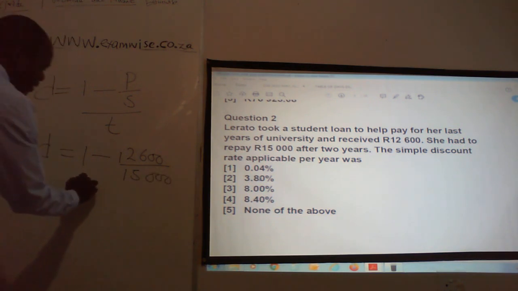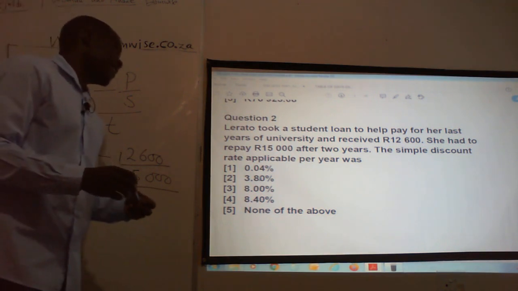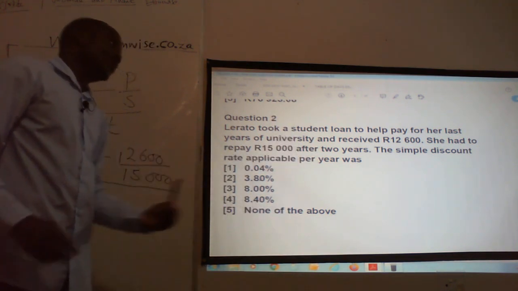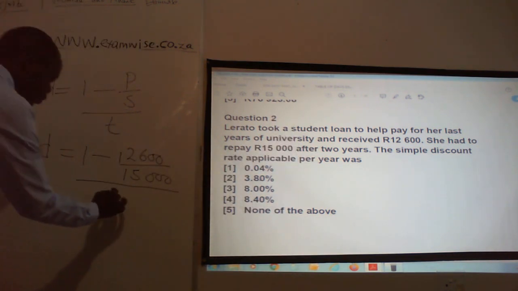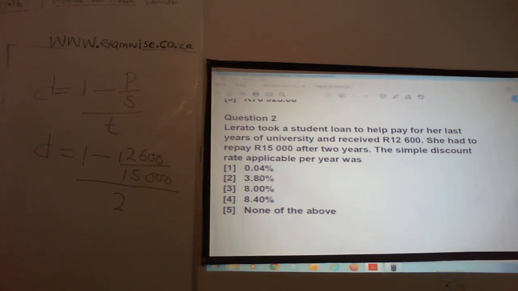Then after that we said divided by T, which is the time in years. In this case they said after 2 years. So our T is equal to 2. If you still remember, we said that in the formula D is always a decimal.